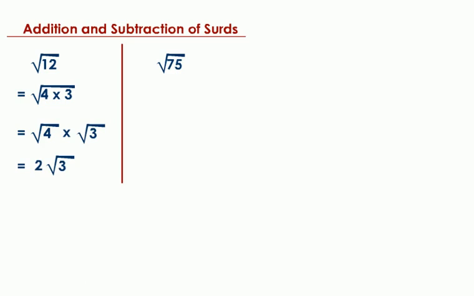And again, √75 can be written as √(25 into 3), which can be broken down as √25 into √3. This gives us 5√3.